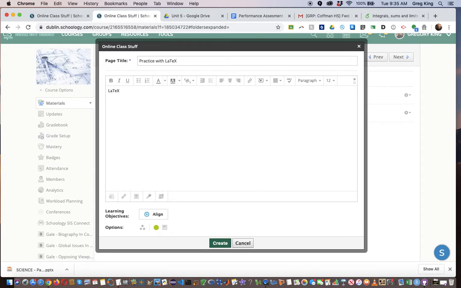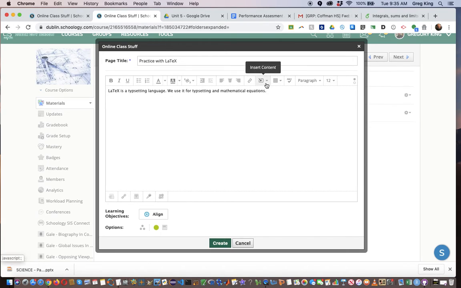So first off, this is how LaTeX is generally spelled. And we use it for typesetting in mathematical equations.